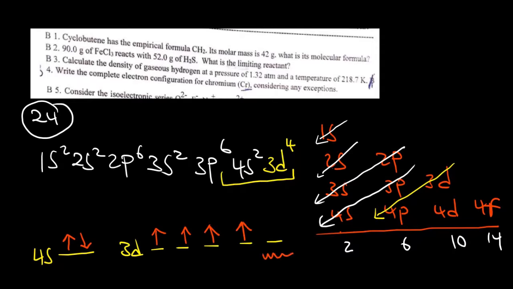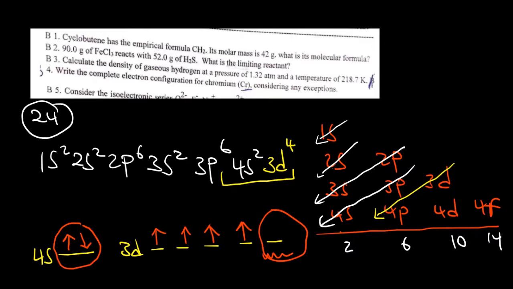The general rule is that electrons don't want to pair with each other because they have the same charge. So we have a free orbital here, but in the 4s we have an orbital where 2 electrons are pairing. What will happen in this case?